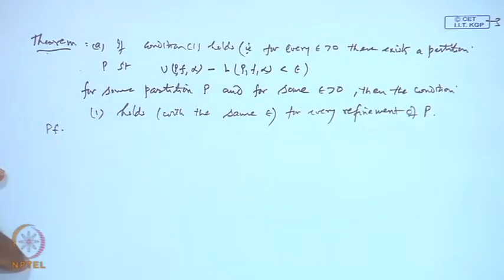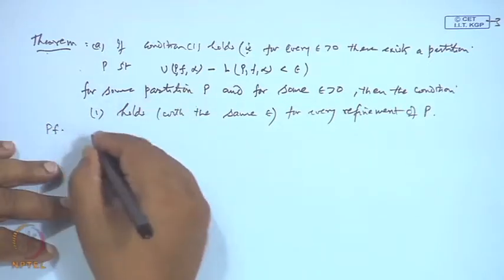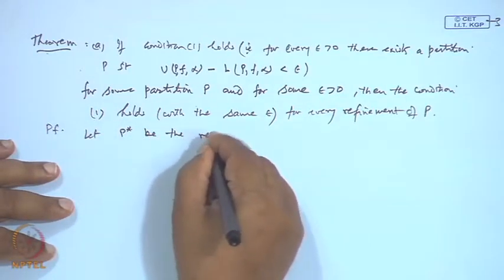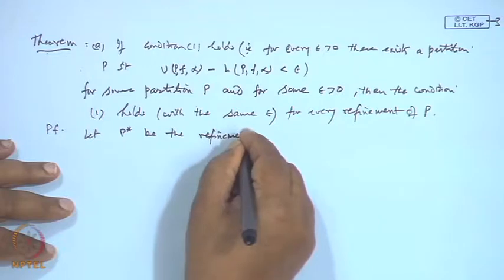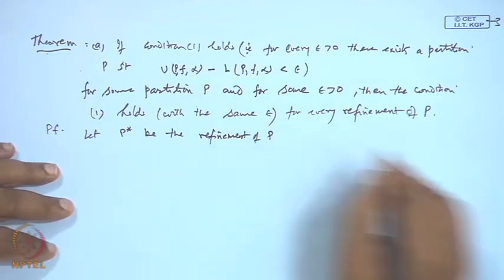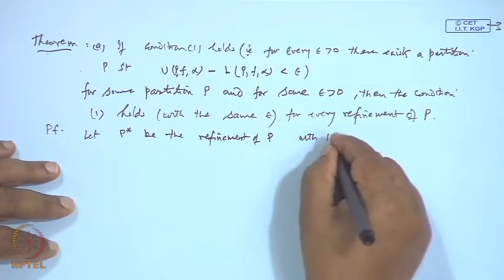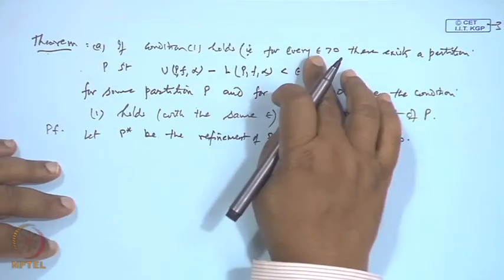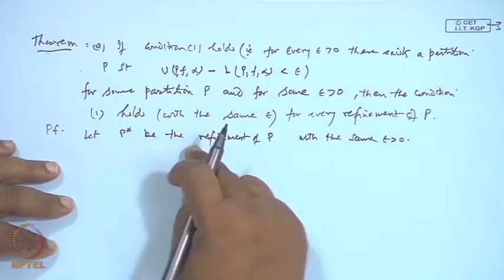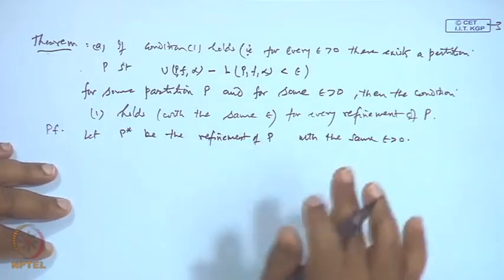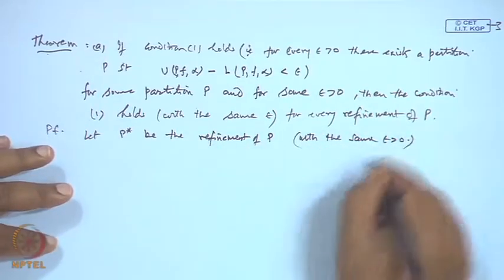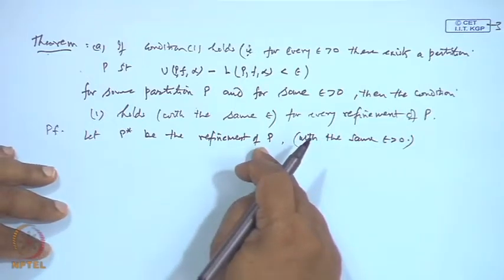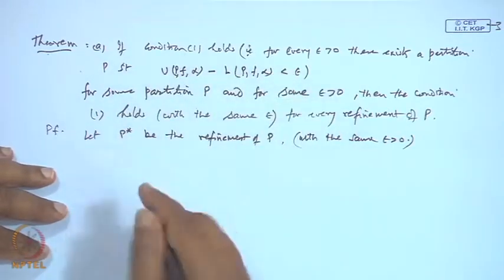Let me see the proof. Let P star be the refinement of P with the same epsilon greater than 0. I am not changing epsilon. When P star is the refinement of P, the upper sum decreases and the lower sum increases.